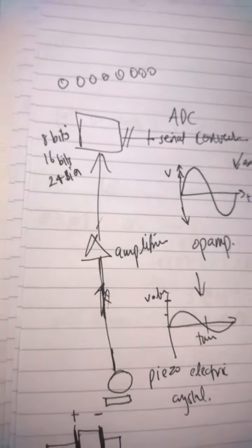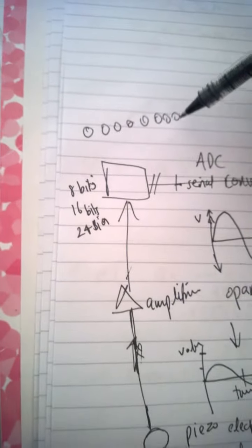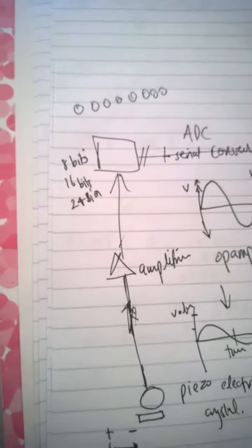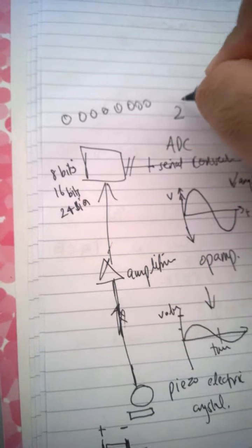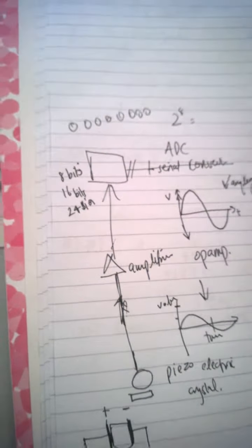And in the binary number system, we know that each digit can be assigned a value of 1 or 0. So if we try to find out the number of possible configurations all these 8 bits can have, we need to use this formula. The number of configurations is equal to 2 raised to the power of the number of bits, so 2 raised to the power of 8. So let's use a calculator.